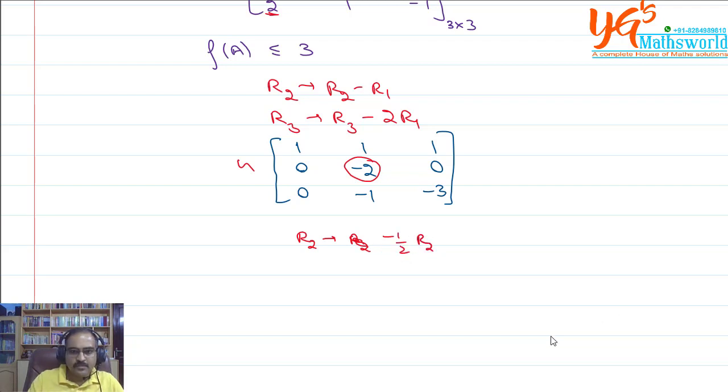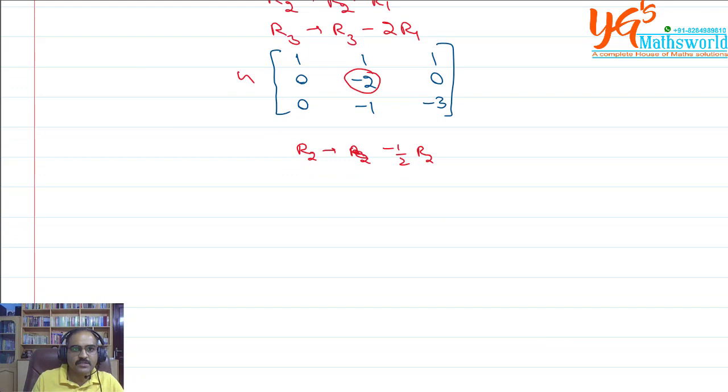So from this step we will get the result 1 1 1 0 1 0 0 minus 1 and minus 3. Now just check, by using this way I can make this one and this one 0.